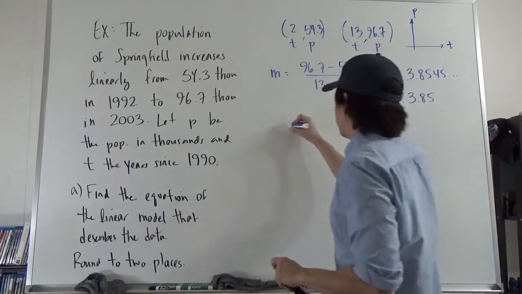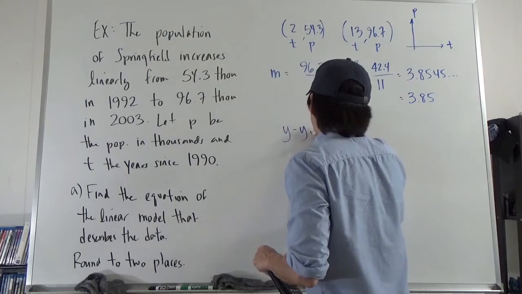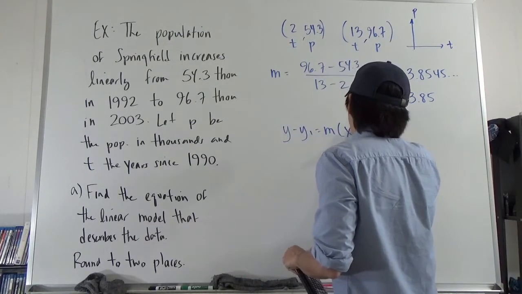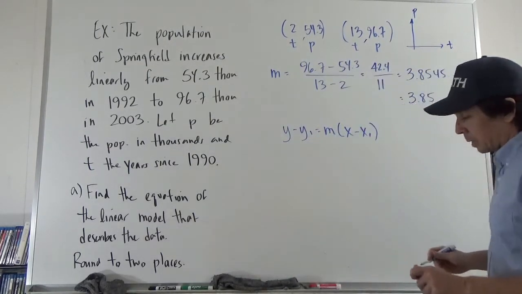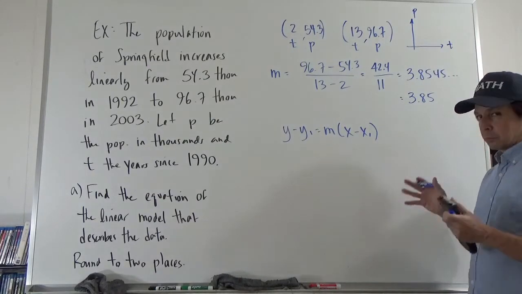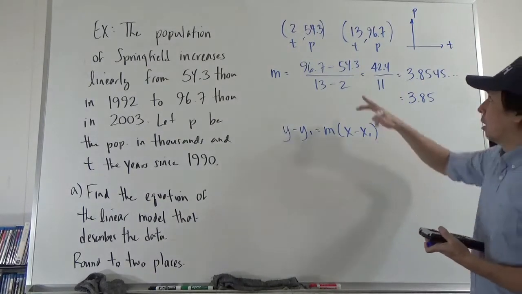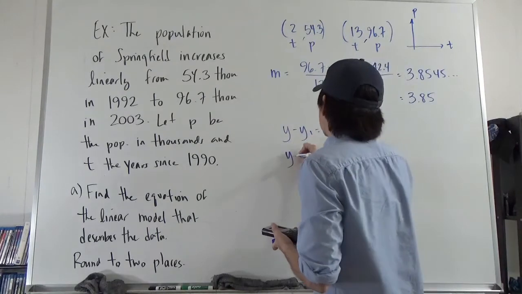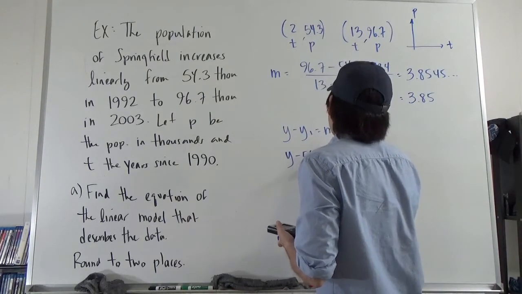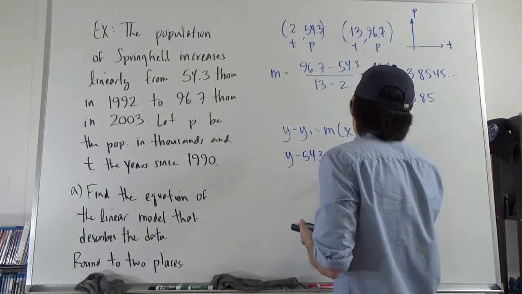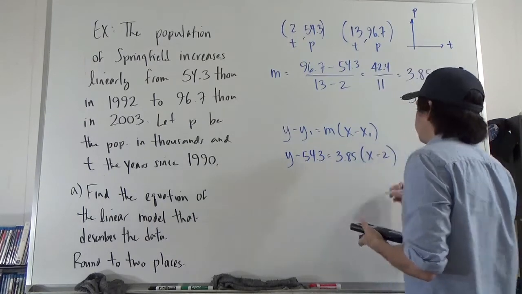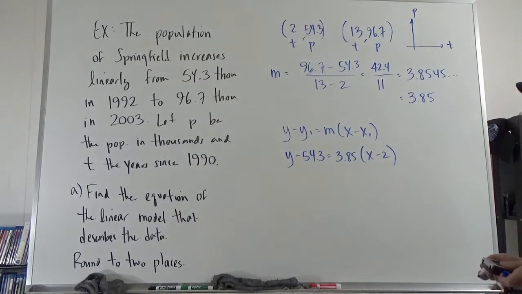All right, I'm ready for point slope form. Either point works, but they might give you slightly different answers, but both are valid. I'm going to use the first point. Okay, and then I'm going to rewrite it in y is equal to mx plus b form.